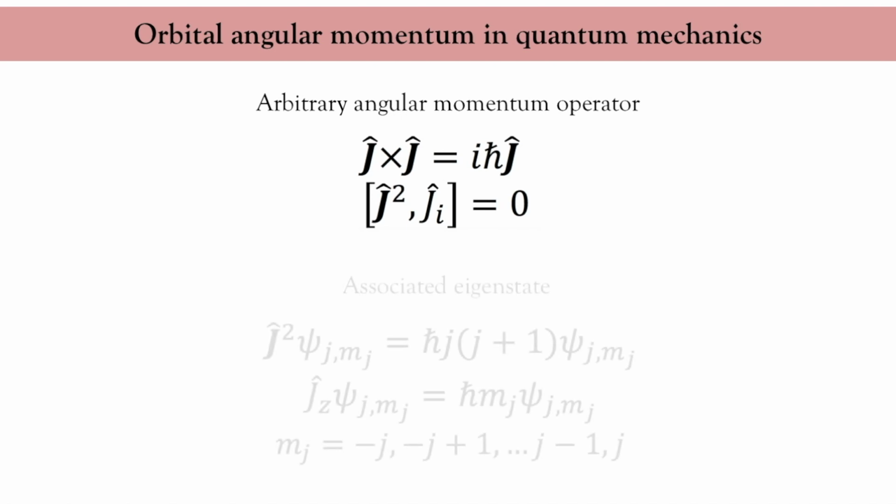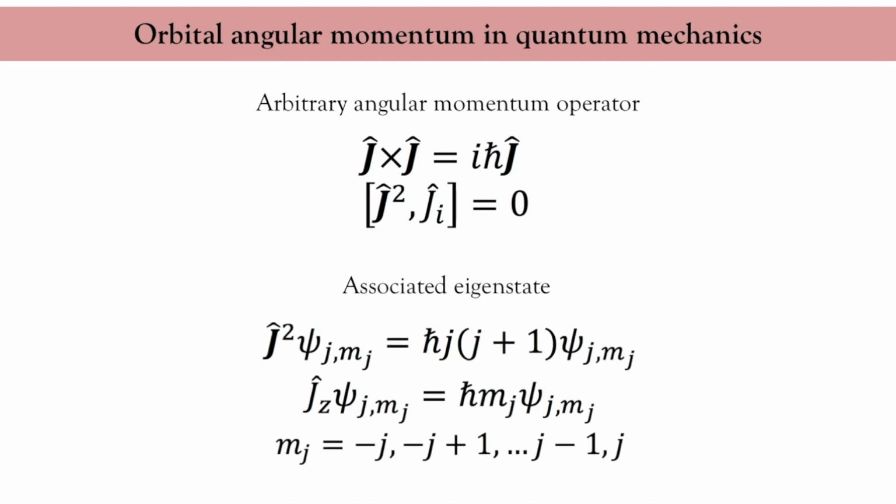Therefore, the eigenstate of the angular momentum is characterized by two quantum numbers, lowercase j associated with the magnitude of the angular momentum J squared, and mj associated with the projection of the angular momentum along the quantization axis. mj can adopt any discrete values between minus j and plus j.